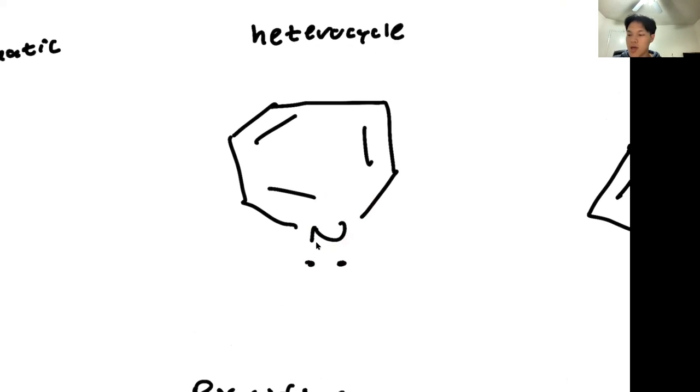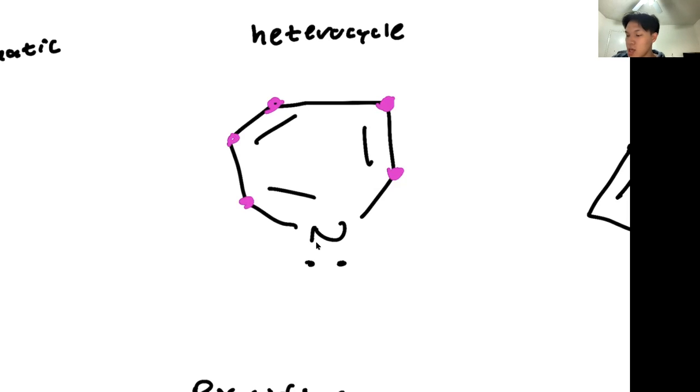So nitrogen has electrons that may or may not participate in aromaticity. And how do we know that? Can these electrons participate in aromaticity? Let's look at the conjugation of each carbon here, and then let's also look at the conjugation of that nitrogen.